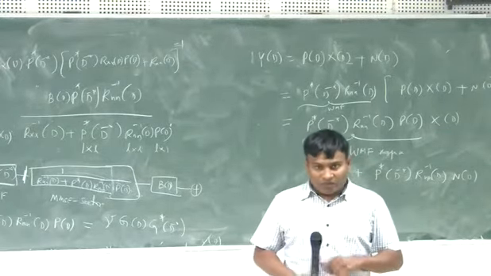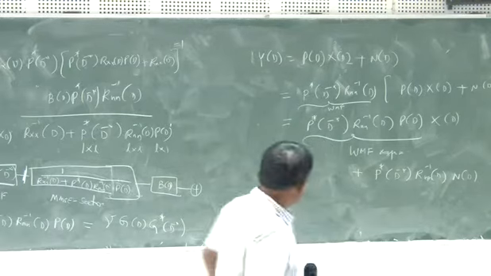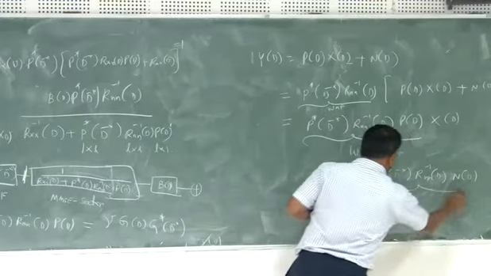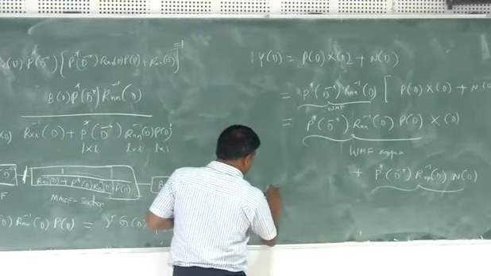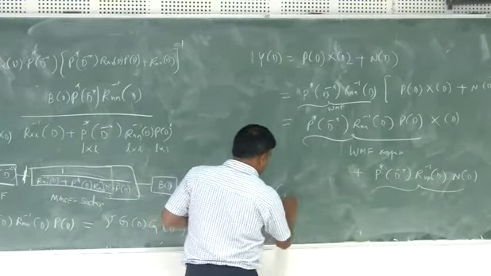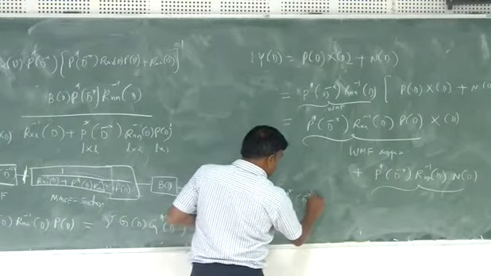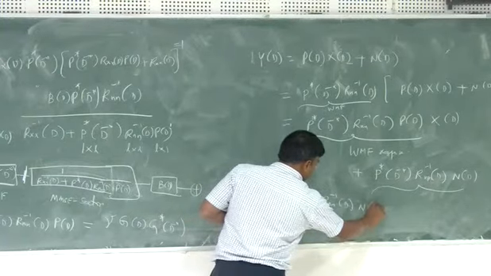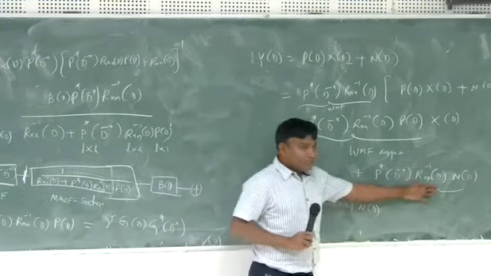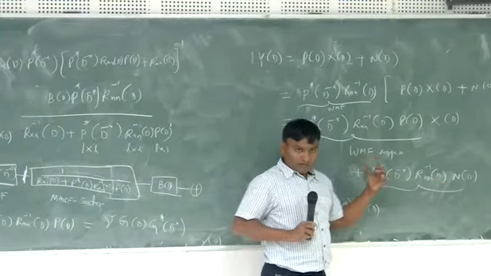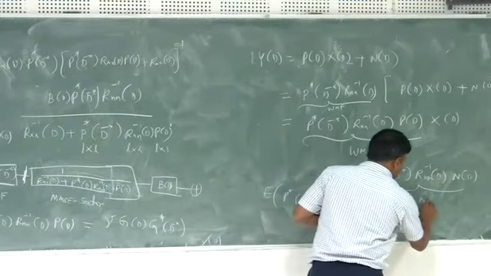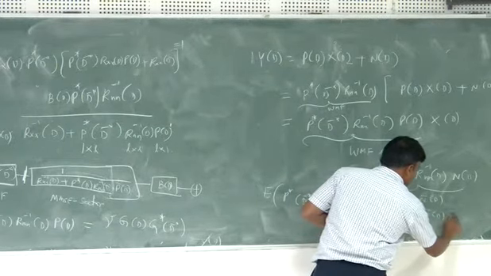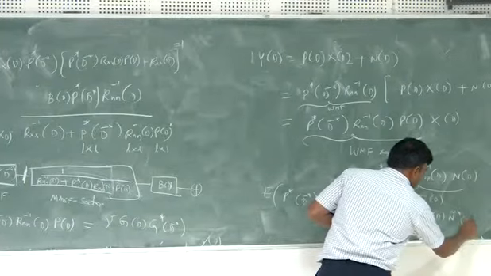Now, if you compute the covariance of the noise at this point, that is the covariance of this term. Let's say it's called N tilde of D. We want to compute the expected value of N tilde of D, N tilde Hermitian D inverse.